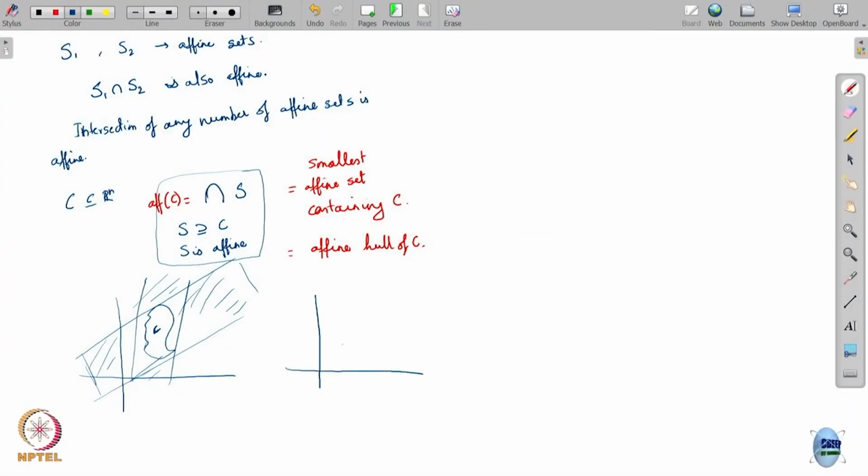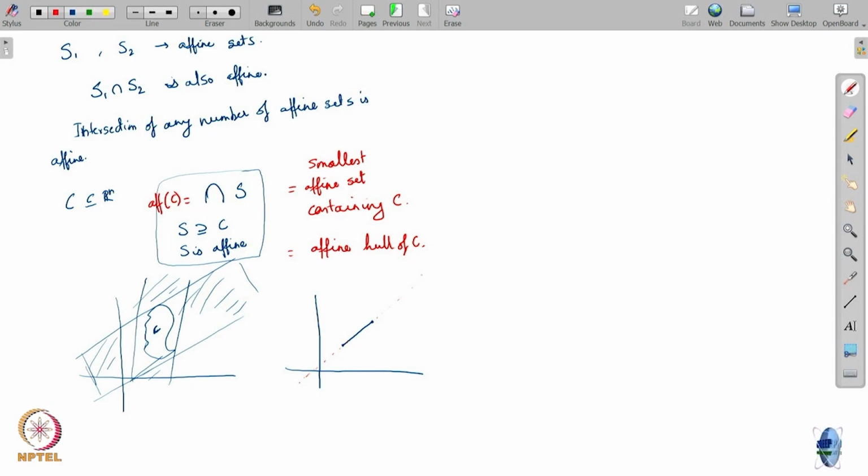Suppose, just this little segment here. What is the affine hull of this? It is the line that passes through these points, right. So why would this be the affine hull? Can you tell me affine sets that contain this segment?